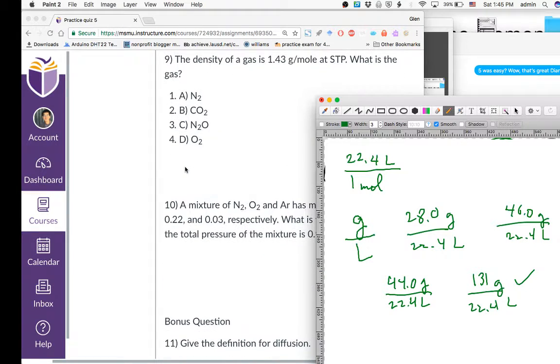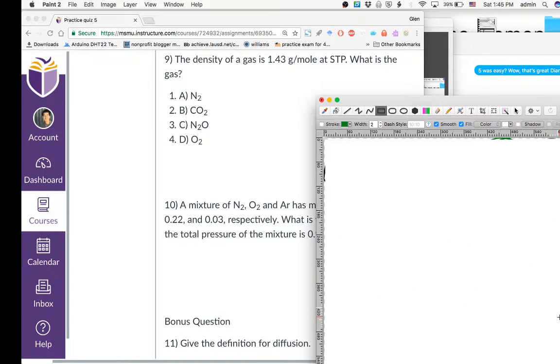What about number 9? I've got STP again, 1.43 grams per mole at STP. So this is a typo. Let me correct this. This should be grams per liter. 1.43 grams per liter at STP. What is the gas?